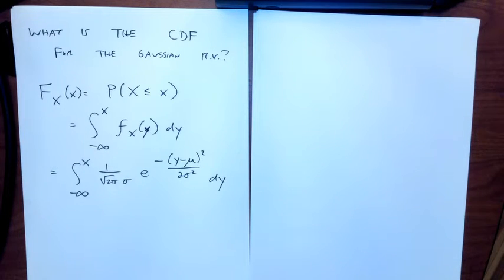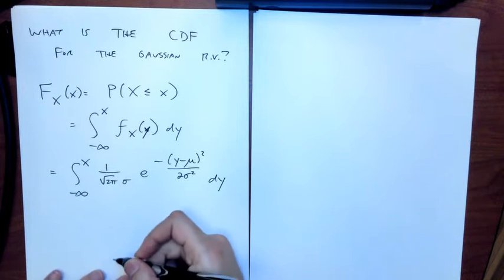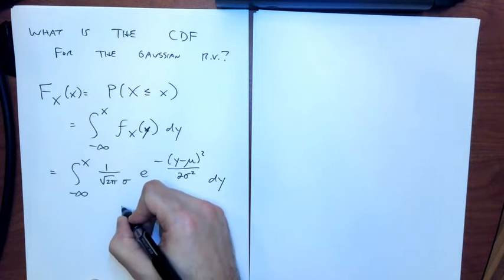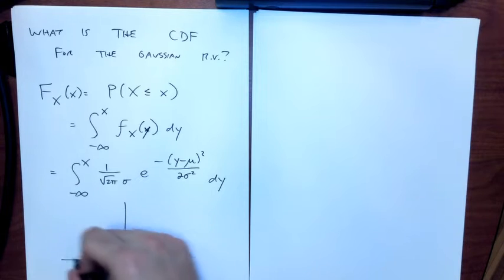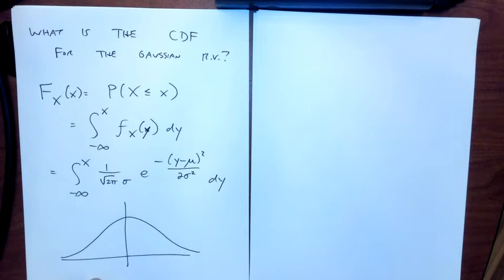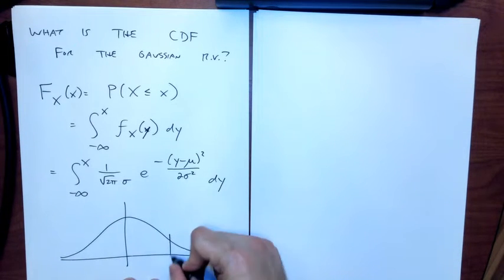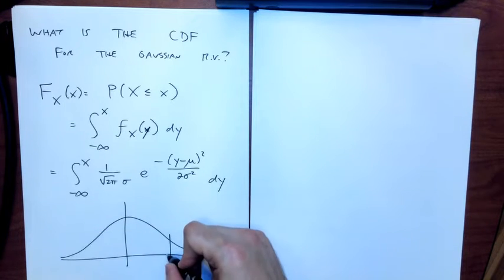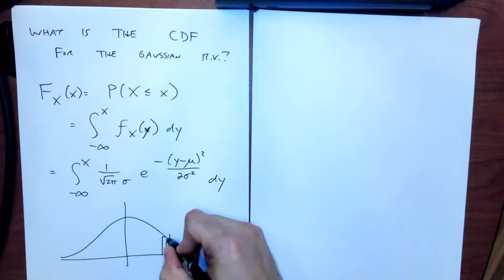So remember back in calculus 1, how did we define integrals in the first place? There was this thing called Riemann sums, where you say, okay, here's my Gaussian distribution. To approximate the probability that I was less than this value, I could chop this thing up into a whole bunch of tiny rectangles.